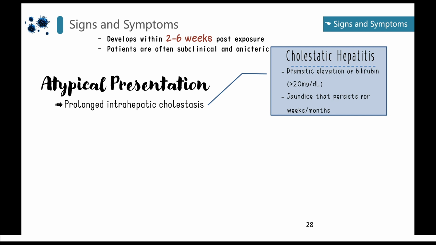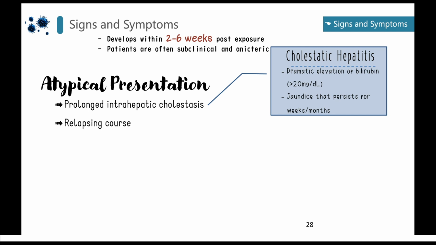So in the circulation, bilirubin will accumulate, and there will be dramatic elevation of bilirubin in our blood as high as greater than 20 milligrams per dL. And because there is elevation of bilirubin, this bilirubin may become deposited in our tissues and jaundice may manifest.